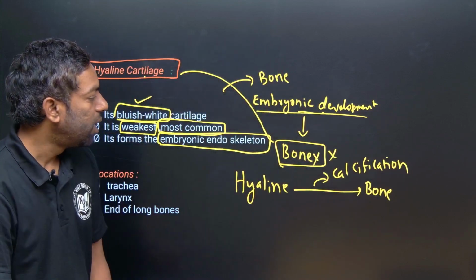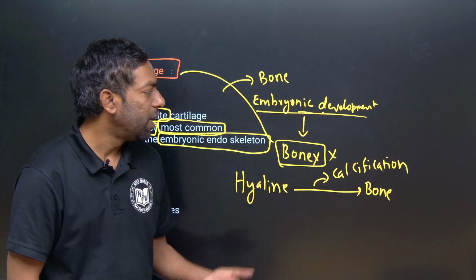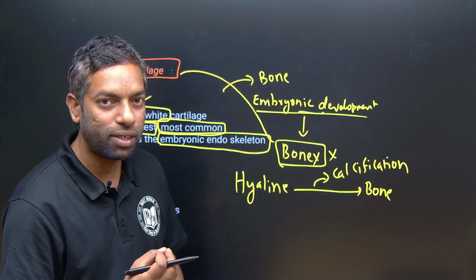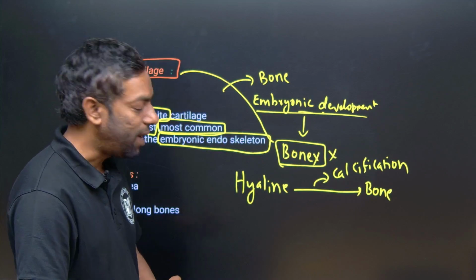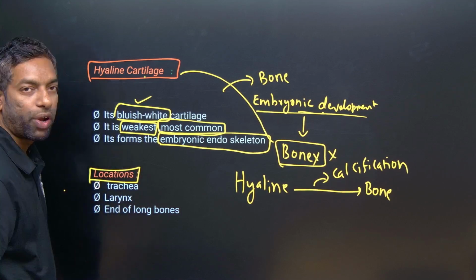In embryonic development, it first starts with hyaline cartilage. Which cartilage? Hyaline cartilage. Okay, where is the hyaline cartilage located?